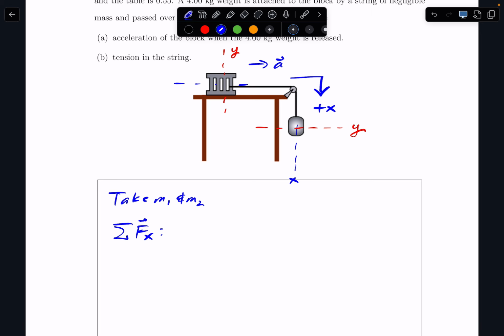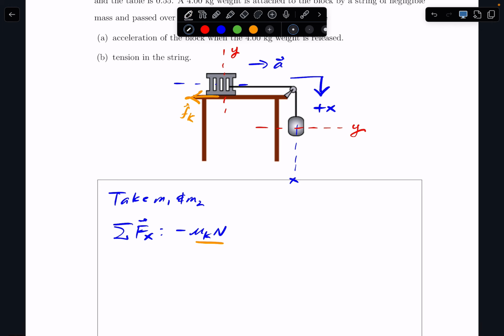All right, F of x. What forces are in the x direction that don't cancel out? Friction, right? Minus mu k times the normal force. The friction from here. Make sense?